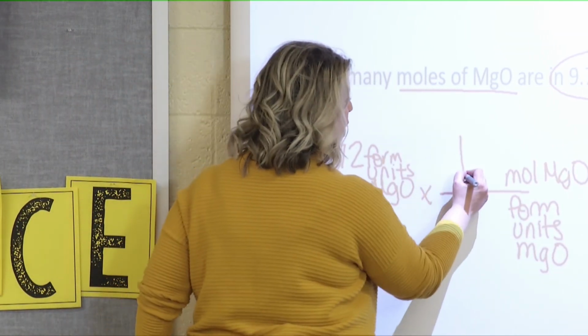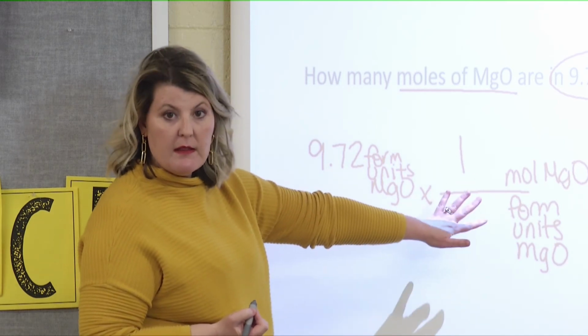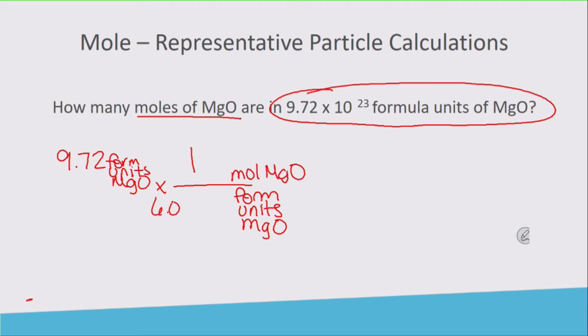So we're going to put 1 with mole, and what number goes with formula units? Look back at your conversion. It's 6.02 times 10 to the 23. So we're going to cross out formula units, and you're left with moles of MgO, which is exactly what you wanted. So we can stop.